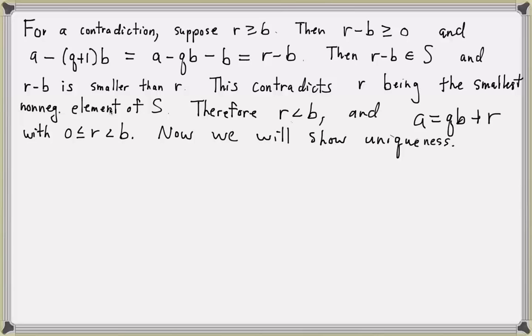So we will assume that A equals, let's call it Q prime times B plus R prime, and Q prime and R prime also satisfy the conditions that R prime is greater than or equal to 0 and strictly less than B. What I'll show is that Q prime has to equal Q and R prime has to equal R. So we've shown uniqueness.